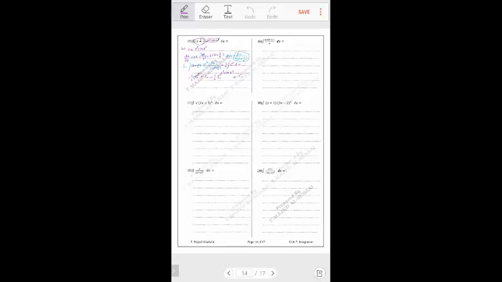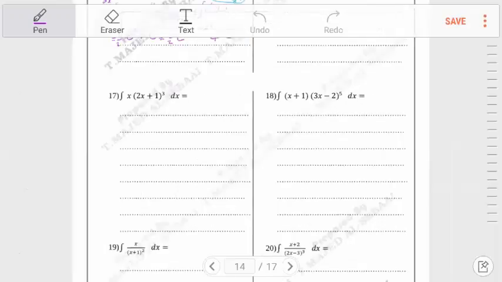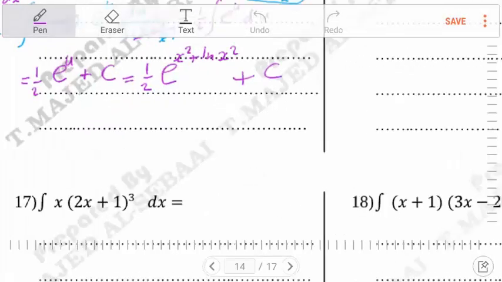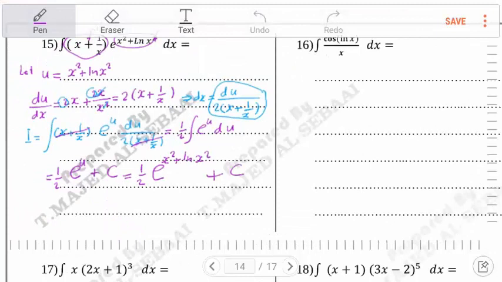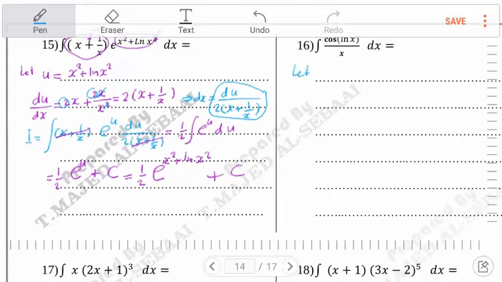I will show you a new thing. I will do it here, so you can compare between both ways. See, I will have the same substitution. I will say u equal x squared plus ln x squared. Okay? See what I will do. I will do it this way.